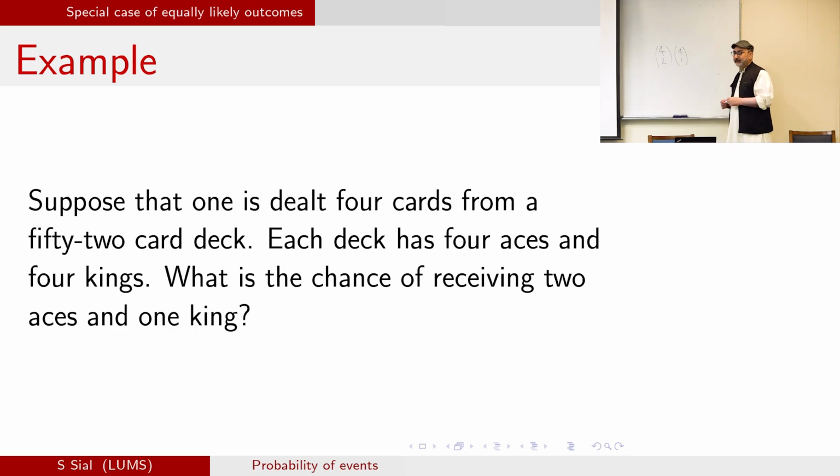Now, I need two more cards. So how many cards are left over to choose 2 from? No, I can't choose another ace. I can't choose another king. Let's say we want precisely 2 aces, and we want exactly 1 king.